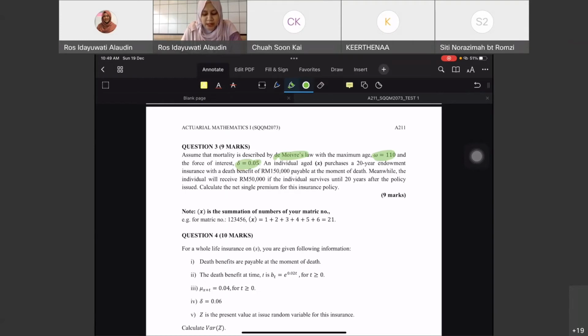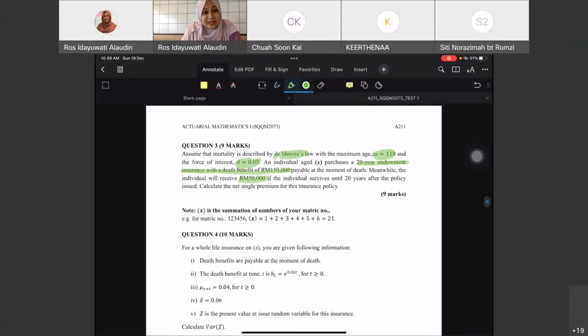Now you have to find the 20-year endowment with a death benefit of 150,000, and the survival benefit is 50,000 if we survive until 20 years. Okay, so calculate the net single premium for this insurance policy.